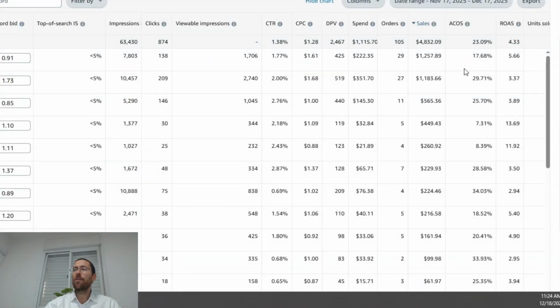Now, that first example was a little bit easier because the ACoS here is right around my target ACoS. What happens if my target ACoS is much lower than the actual ACoS on a keyword? Over here I'm around 29.7%, we can call it 30%, and my target ACoS is 18%. If I just round that to 20%, then this means I'm about 50% higher than I need to be.